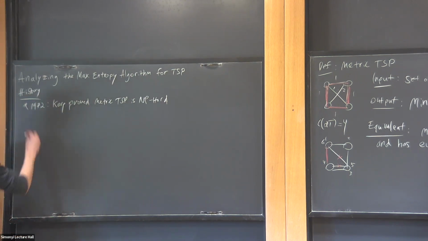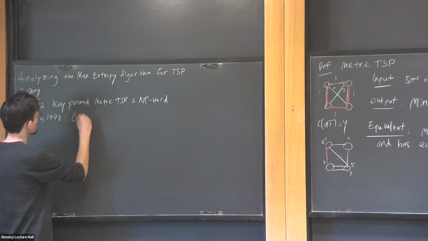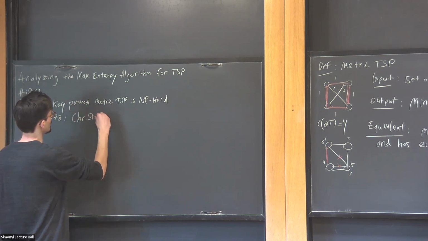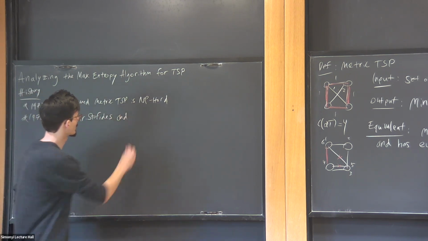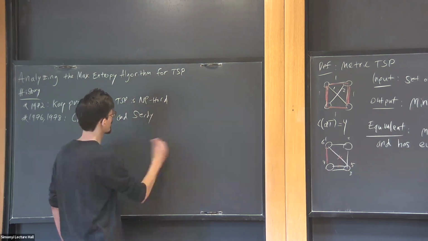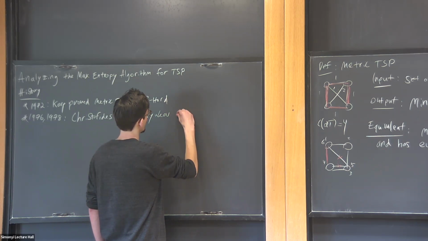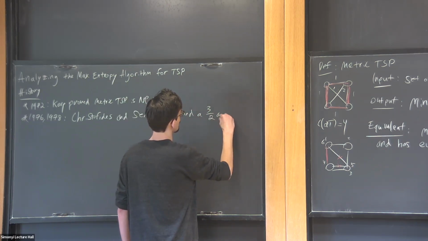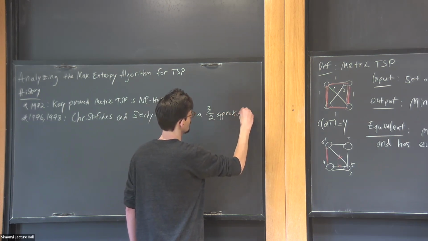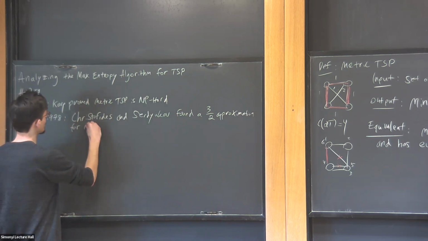Okay, the next thing that happened in 1976, 1978, Christofides and independently Serdyukov behind the Iron Curtain found a 3/2 approximation algorithm for the problem.